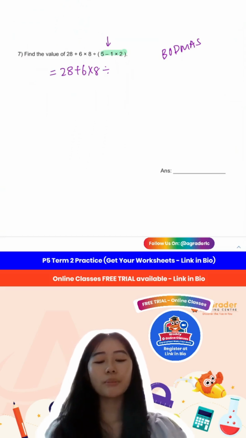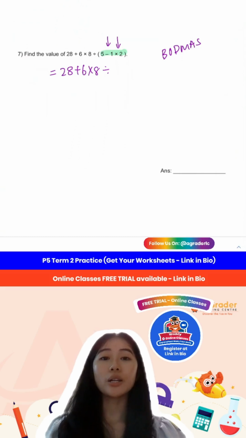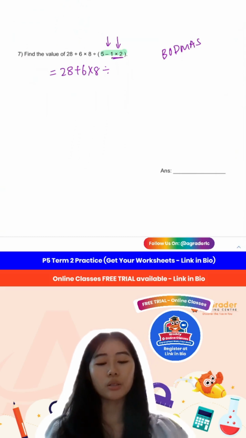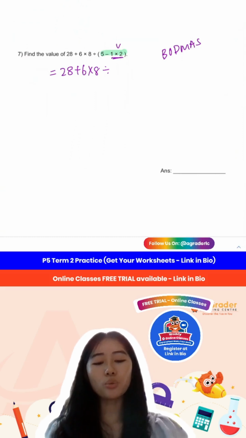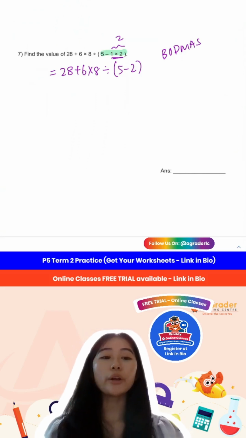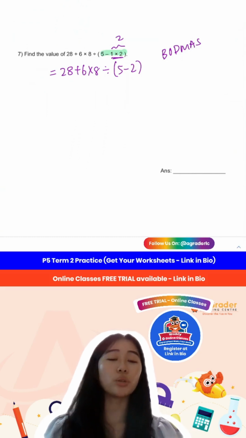If you have a minus and a times, your times is higher priority. You need to do your times first. So you're going to do 1 times 2, which is actually 2. So within the bracket, you will still have 5 minus 2. At this point, you cannot remove the bracket yet because you are not done with all the calculations inside the bracket yet.